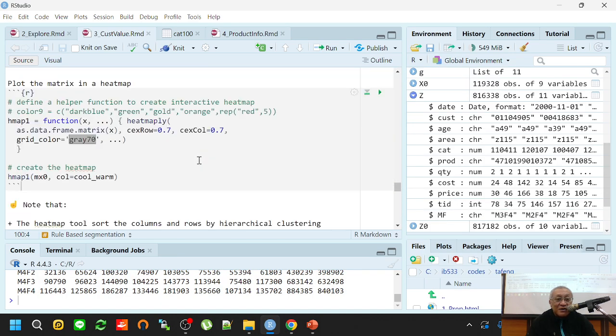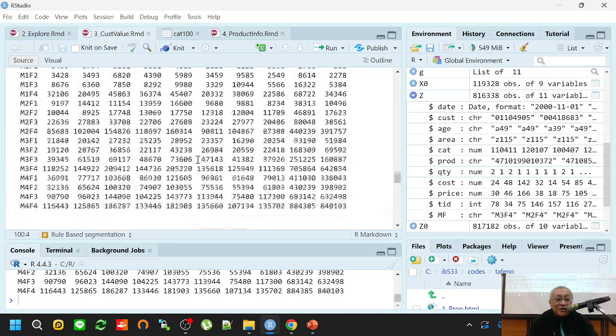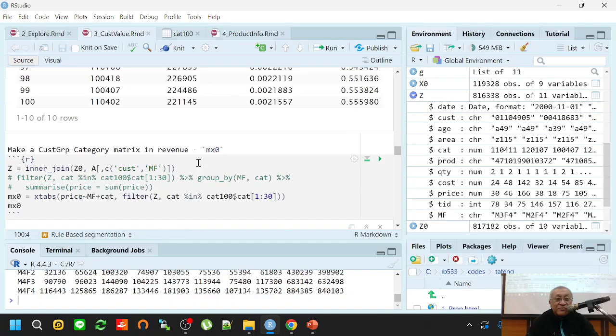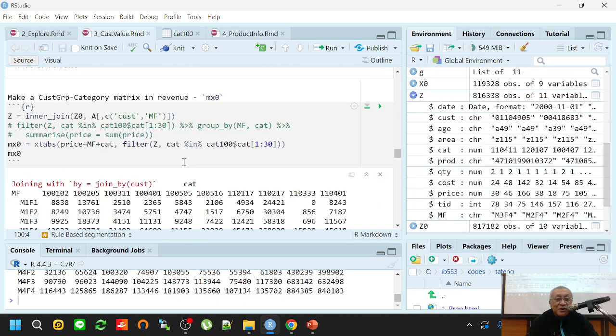Here. With this line of code, I want to summarize the price by category and MF, okay? Category, we already know what it is, right? It's the product category. But there's a trick here.